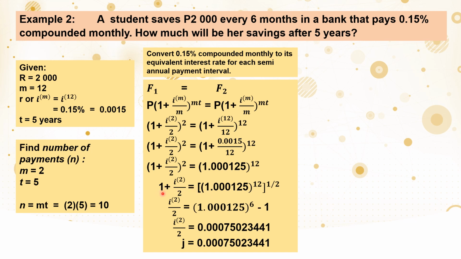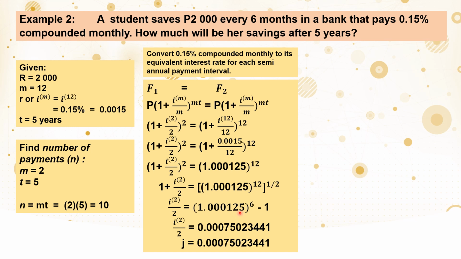Then, yung 1 dito ay ililipat din natin sa right side. So, pag nilipat natin yung 1 sa right side ay magiging negative 1. Then, just copy I raised to 2 over 2.